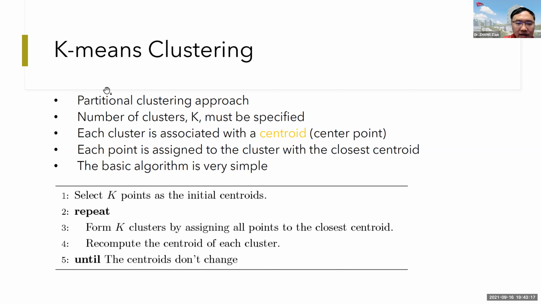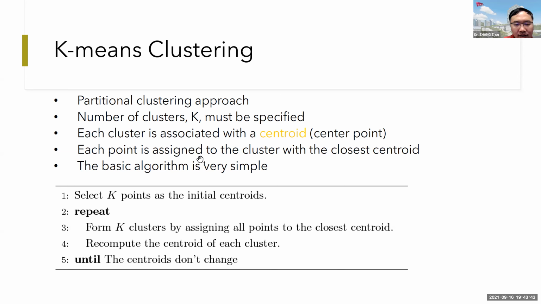And in K-means clustering, each cluster is associated with a centroid. And this also indicates the meaning of the means. That means we have K clusters. Each cluster is represented by the mean, which is usually the center point.